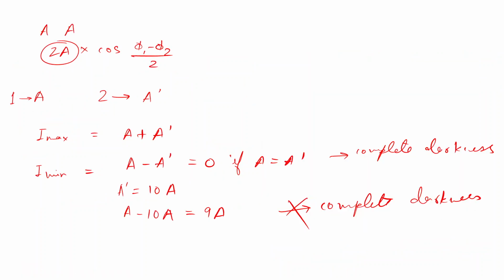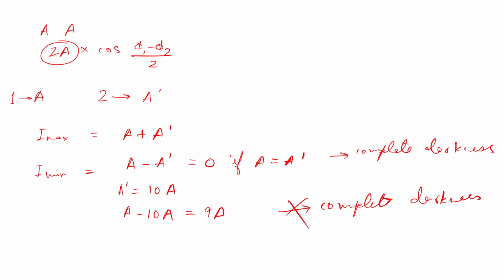Although the interference will be happening and it's possible, the contrast will not be good. That's why for interference we want the amplitudes of the two interfering waves to be almost comparable, so that the contrast is good and we can observe an interference pattern with very good resolution.